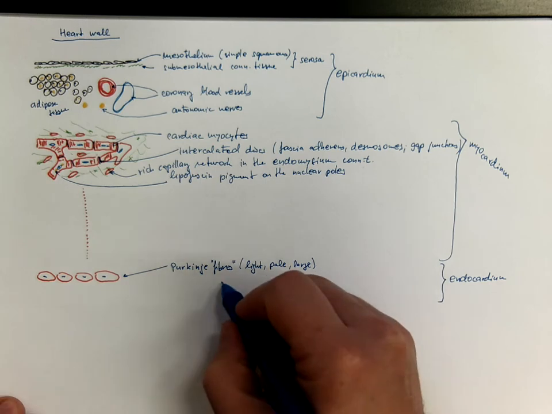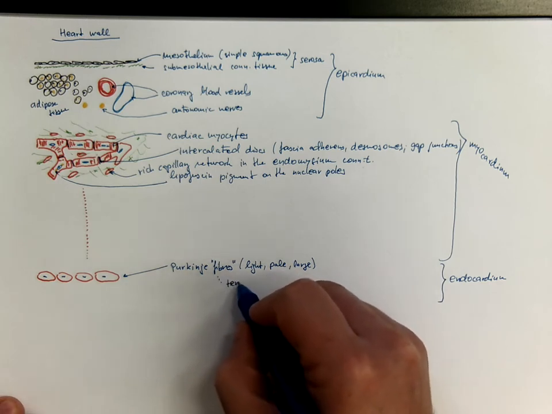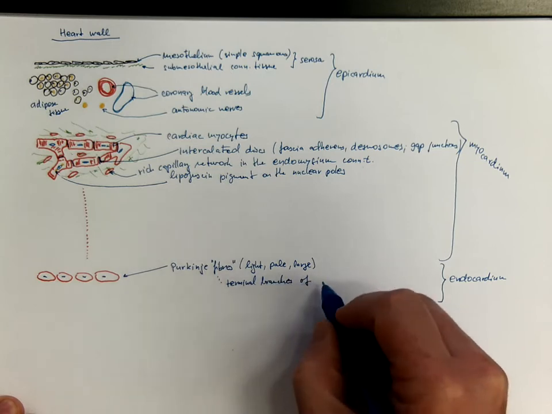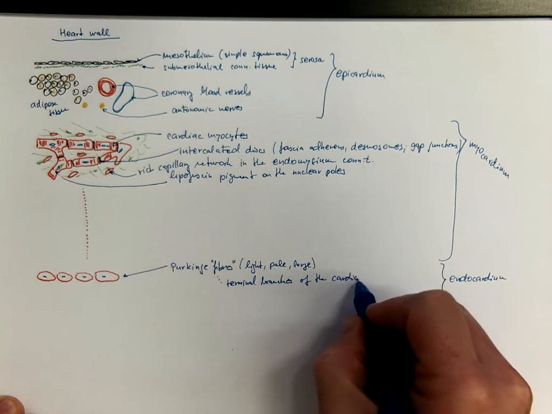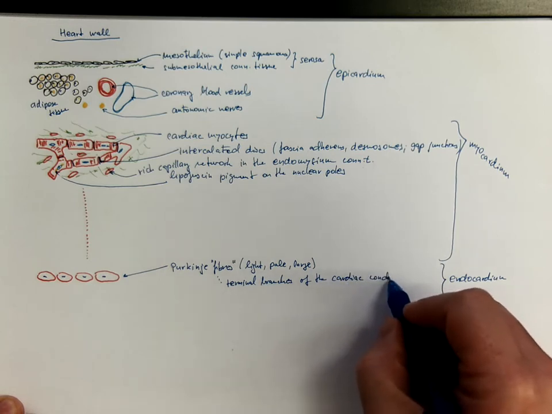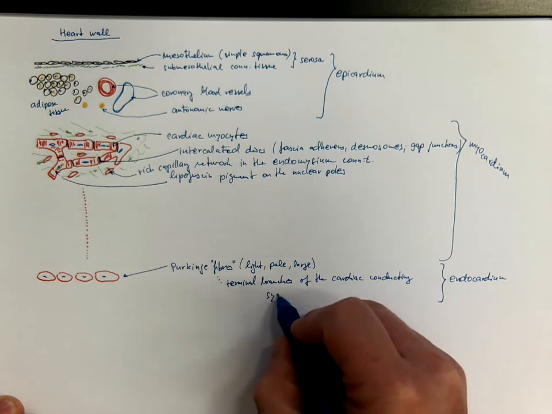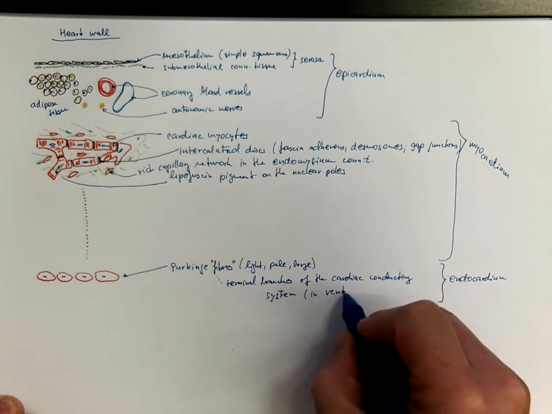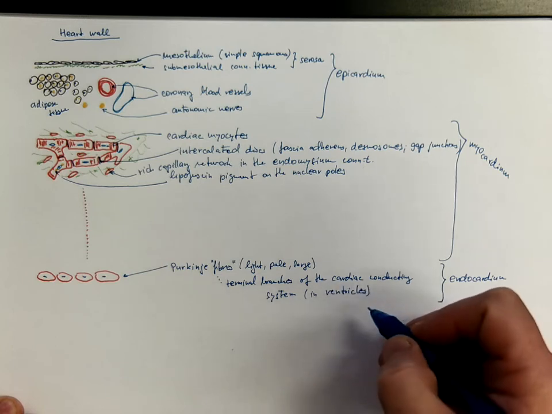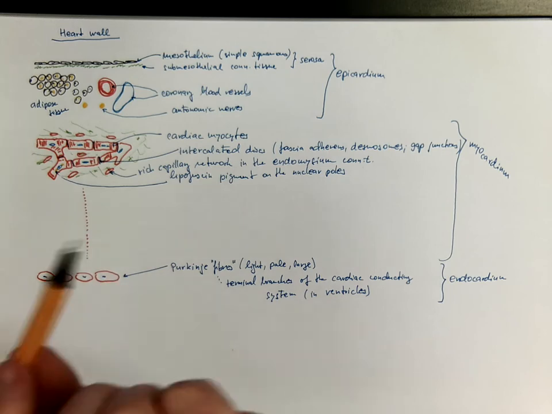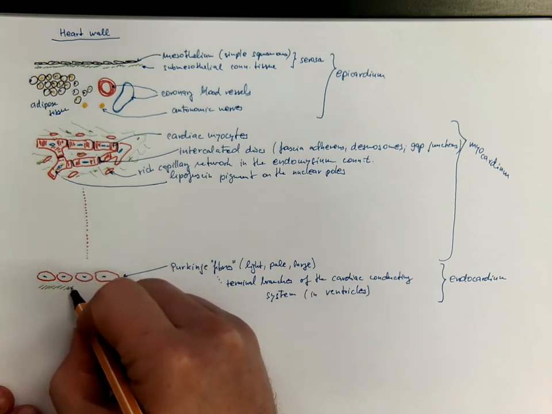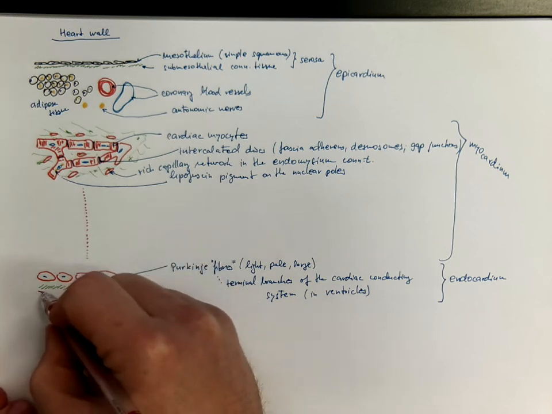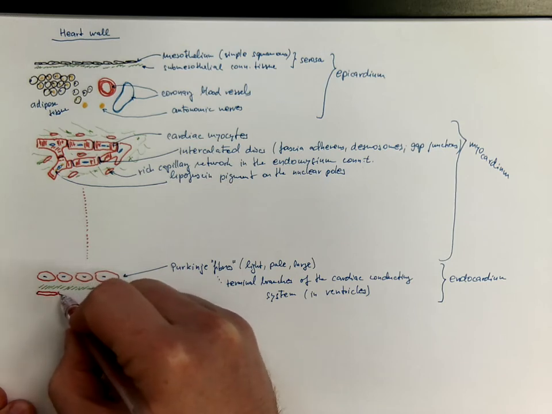So these are the terminal branches of the cardiac conducting system in the ventricles only. Then we got the subendothelial connective tissue and a layer of endothelium that lines all the cavities of the heart.